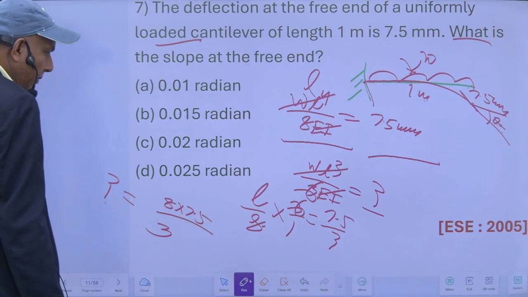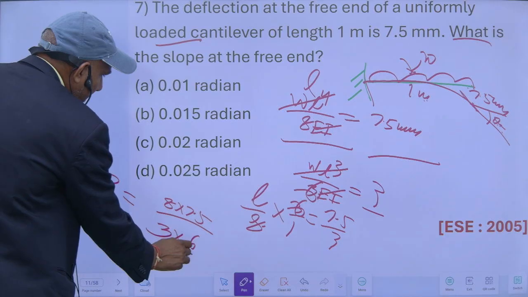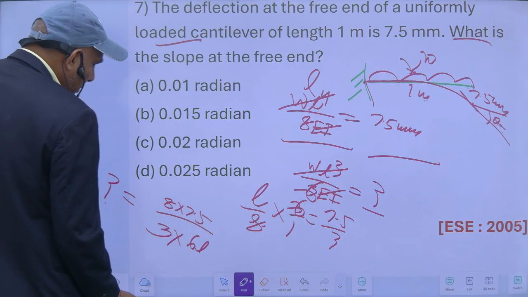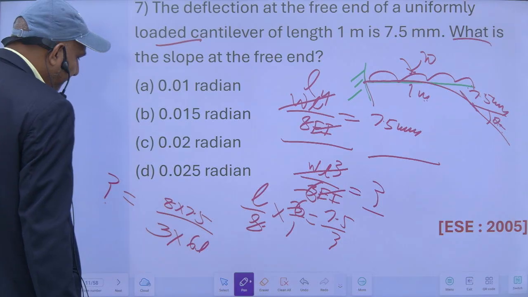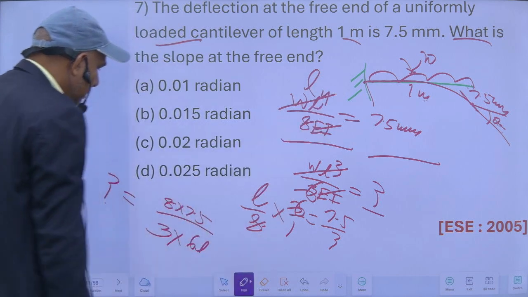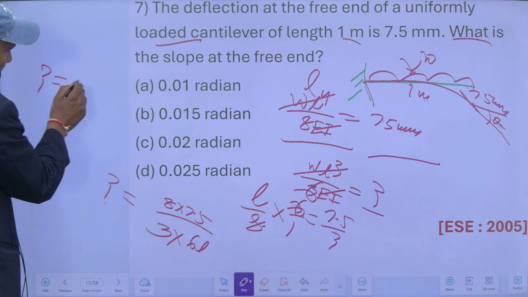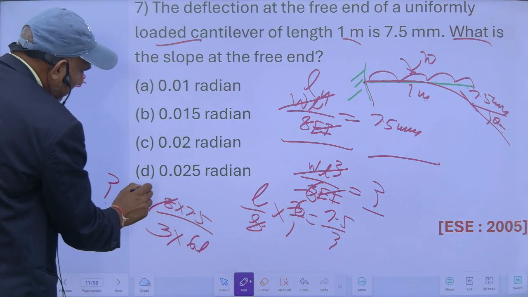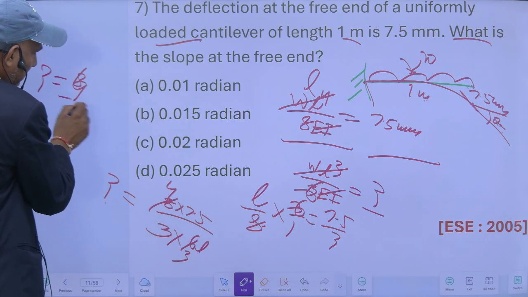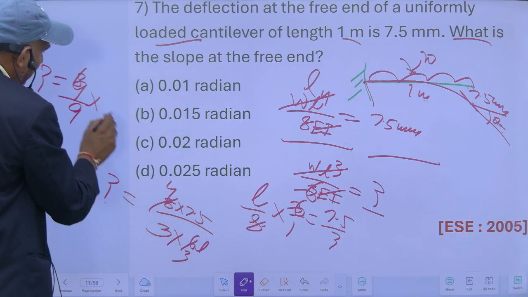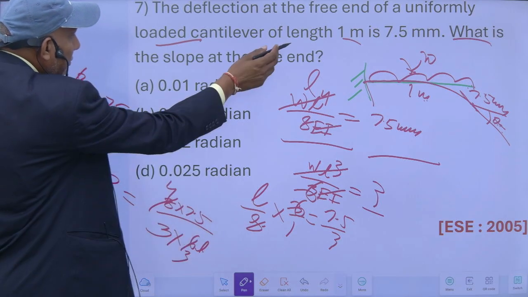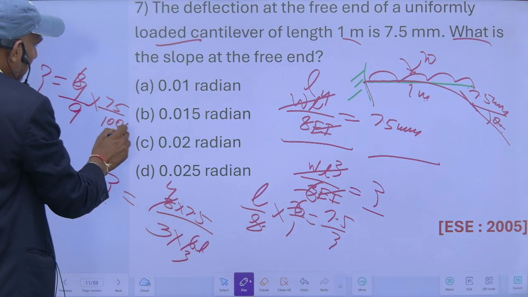So 8 into 7.5 divided by 6 into L. L is equal to 1 meter. So this will be 8 upon 6, 4 upon 3, into 7.5 divided by L, where L is 1 meter, means 1000 mm.